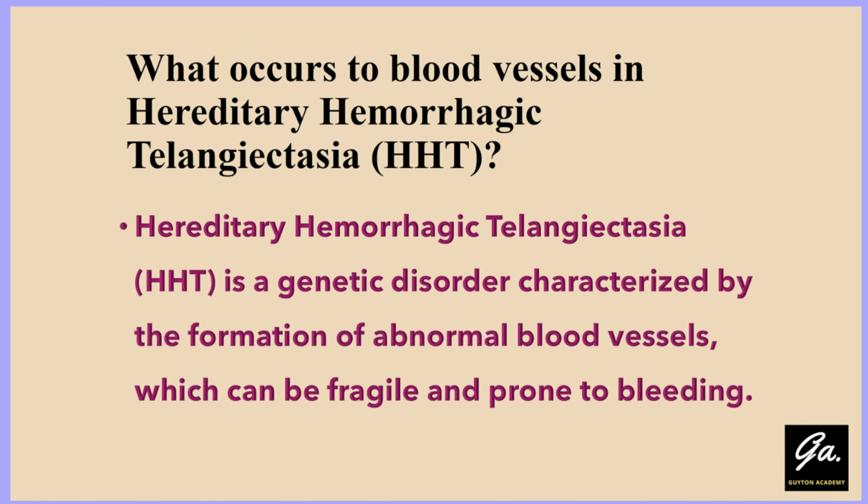What occurs to the blood vessels in hereditary hemorrhagic telangiectasia? Whatever it is, it is a genetic disorder characterized by the formation of abnormal blood vessels which can be fragile and prone to bleeding.